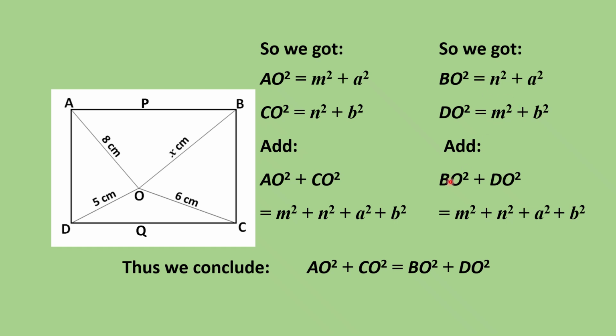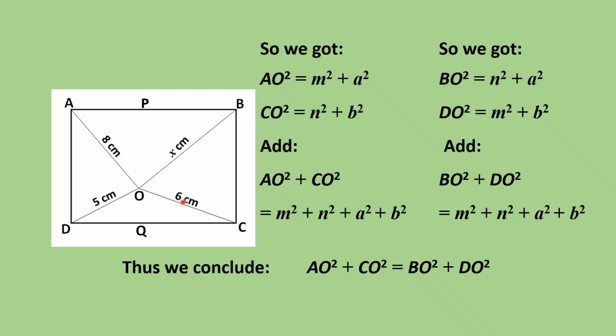When we add, BO square plus DO square is equal to m square plus n square plus a square plus b square. So we can see that AO square plus CO square is equal to BO square plus DO square. So when we take any point within the rectangle and join them to the vertices, AO square plus CO square will be equal to BO square plus DO square.